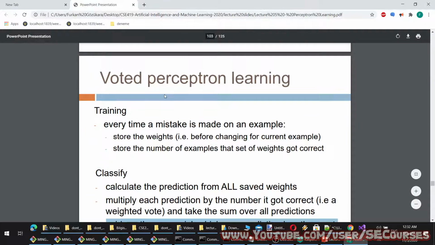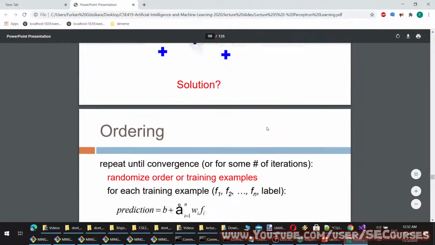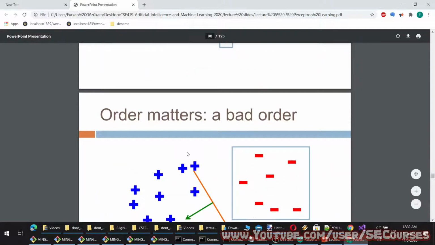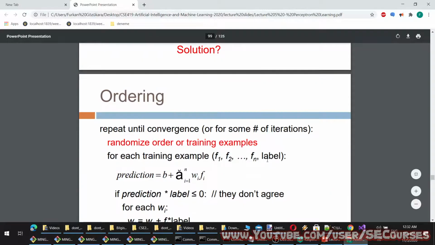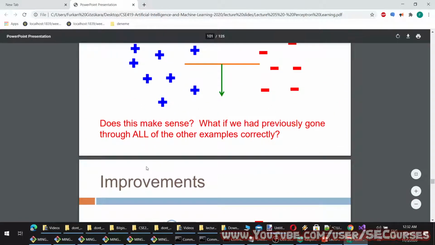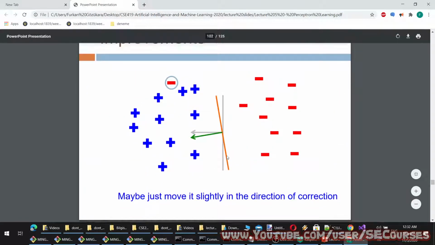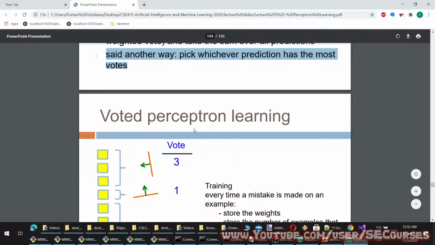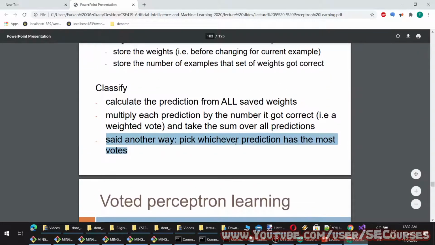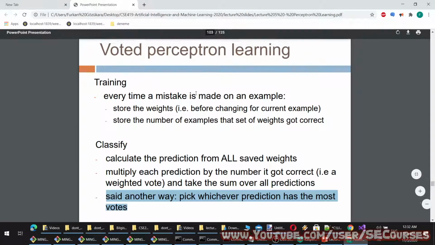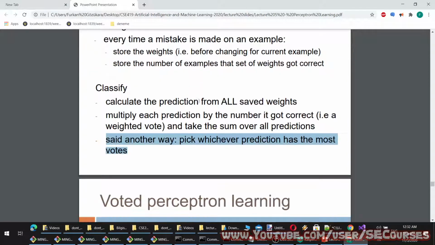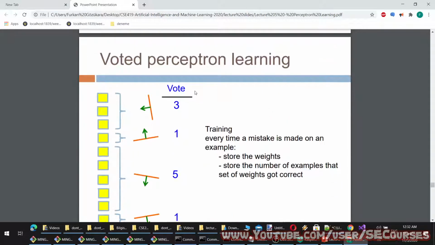Okay, so this is voted perceptron. In the regular perceptron, we didn't save any of the weights, or we didn't care about which data makes the most significant effect. In voted perceptron learning, we check each data and their contribution or change after we update weights, and we vote.